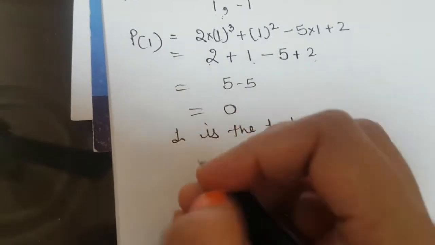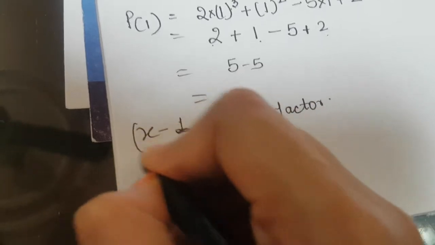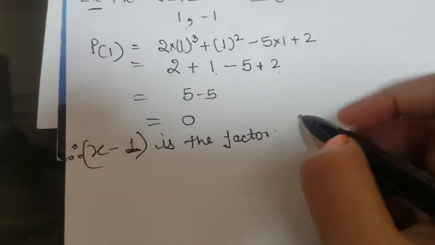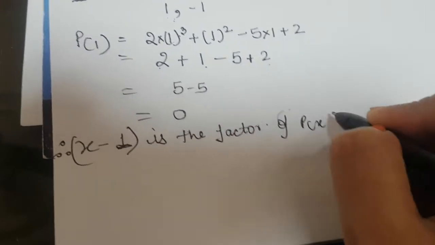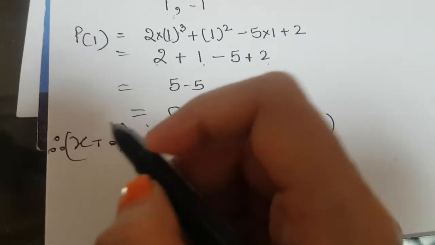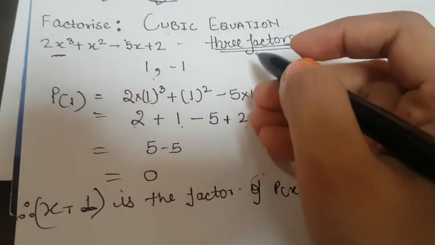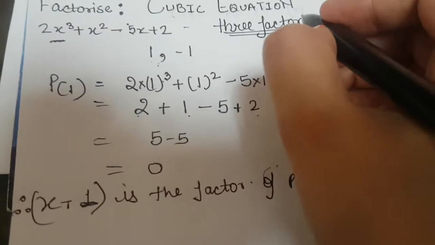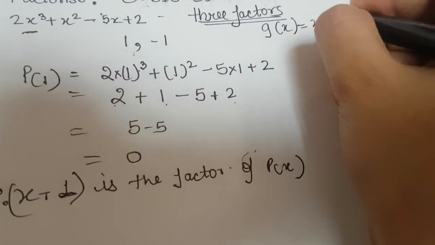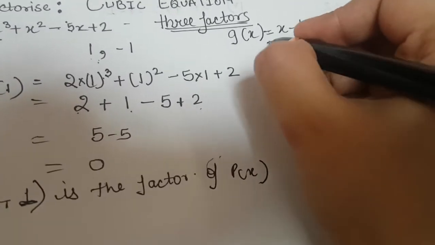If 1 is the factor, how do we write this 1 in the form of x? x minus 1. Yes, x minus 1. Therefore x minus 1 is a factor of p(x). Why x minus 1? Because we have put 1. If you saw the previous videos carefully, I told you the first step: suppose g(x) is x minus 1, first find the value of x from g(x).